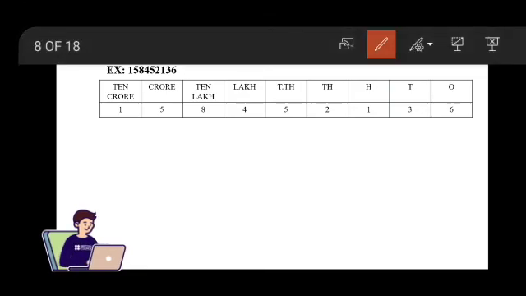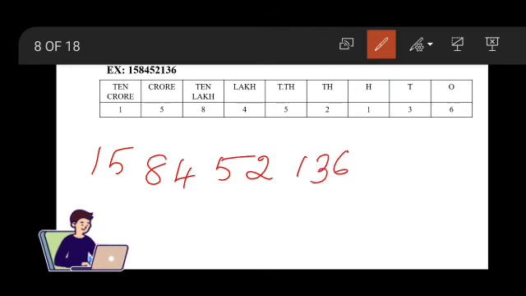Here the given number is 15 crore 84 lakh 52,136. Let's group them according to their place values. Up to 100, it is one period of place value. So we will not be inserting any commas in a one-digit, two-digit or three-digit number.